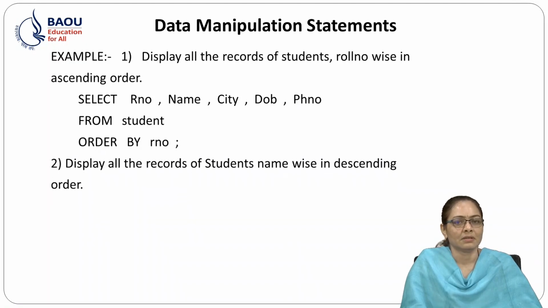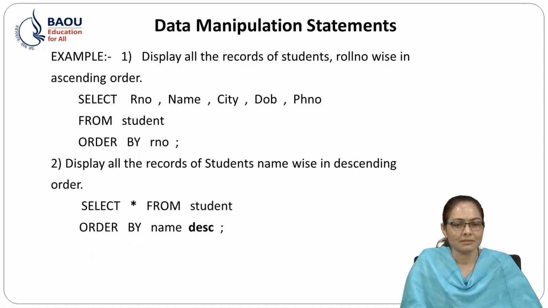Now, the second is to display all the records of the student name wise in descending order. So the command is select star from student. This statement is used to display the records of the student. But which wise? Name wise.